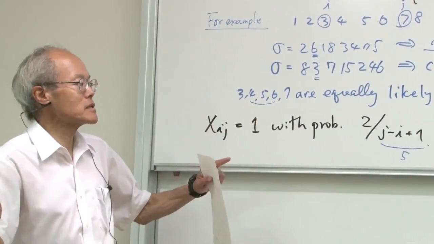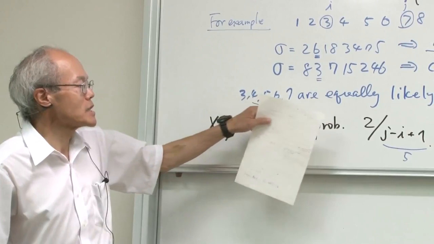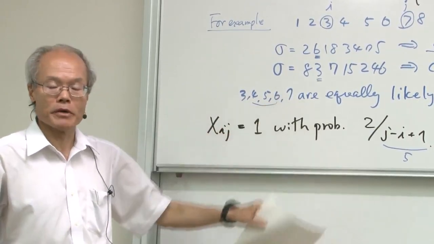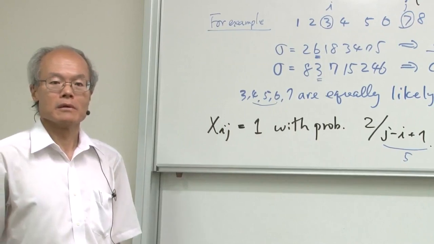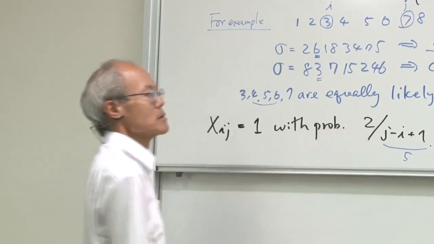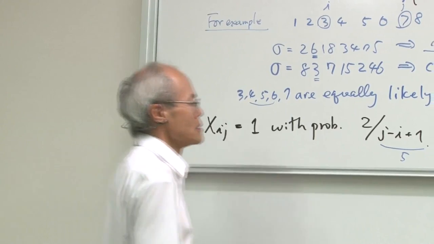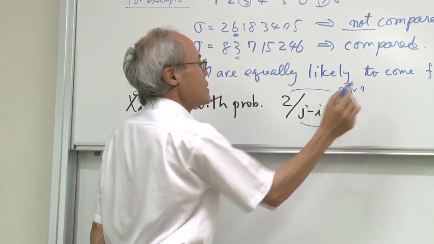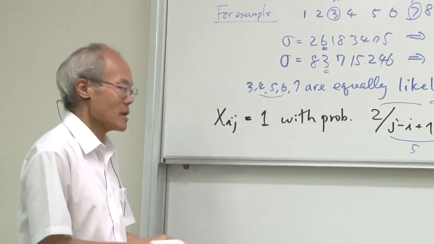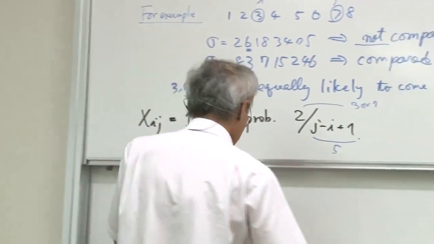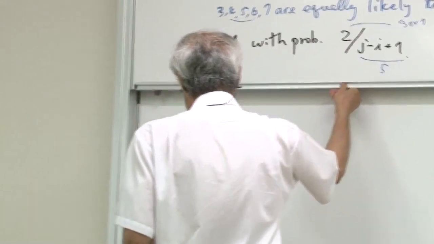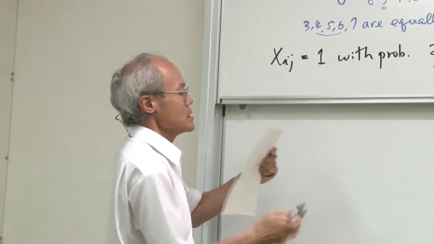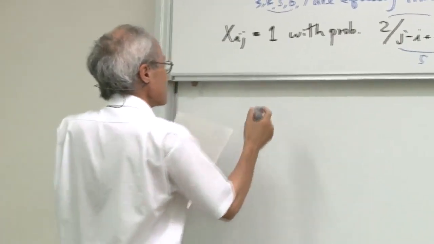So we have 5 numbers, and if 3 or 7 comes first, then they are compared. So this is the probability. So we are done. Then, after that, it's just a simple calculation.